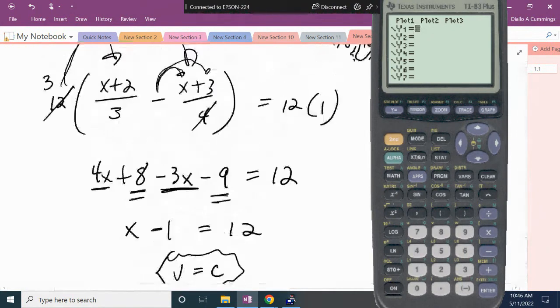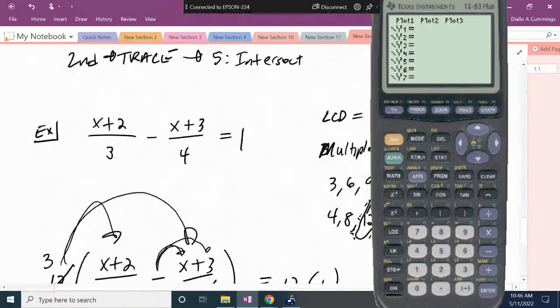Well, I'll just go back to... All right, so when I'm putting this in the calculator, on the left-hand side I just want to make sure I use a set of parentheses around my numerator.